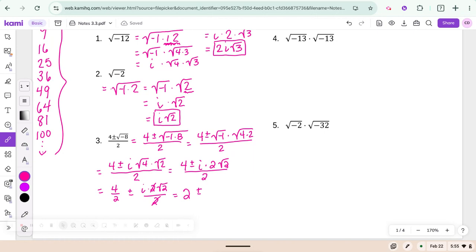Those two factors of 2 cancel, and I can just call it i square root of 2. So I can simplify that a little bit. So notice that I'm not going to keep a negative sign under a radical. I'm going to introduce i and then simplify as much as I can.